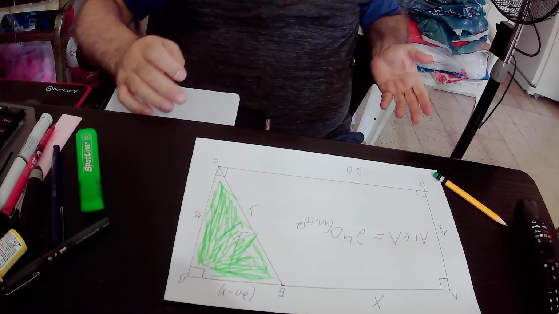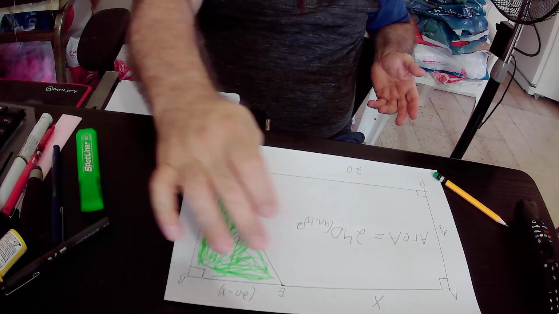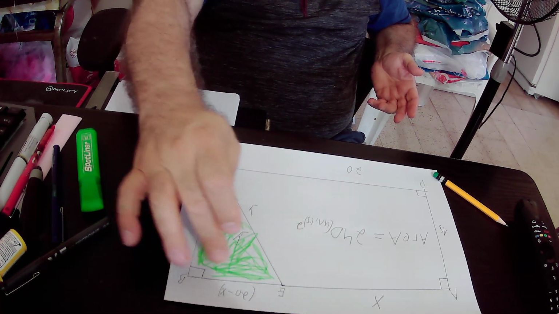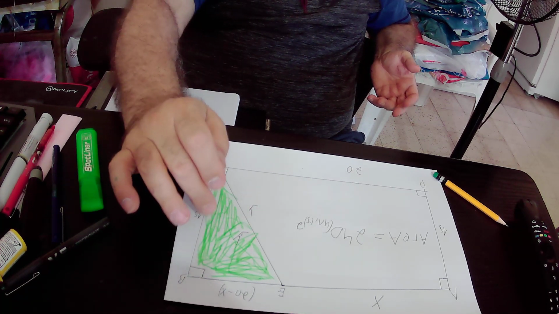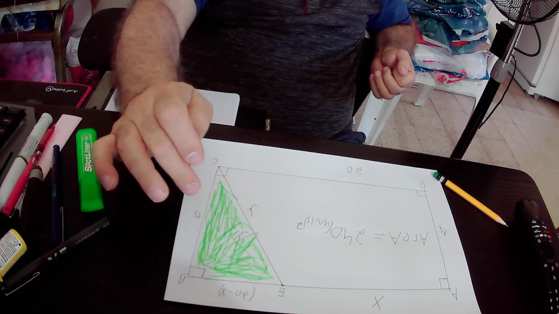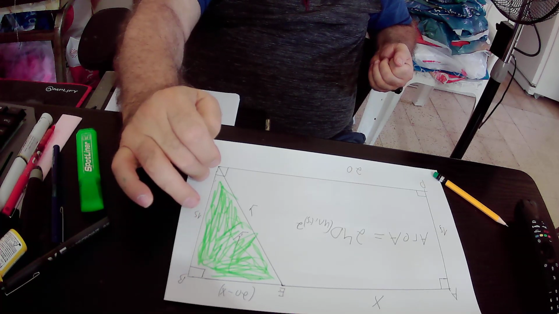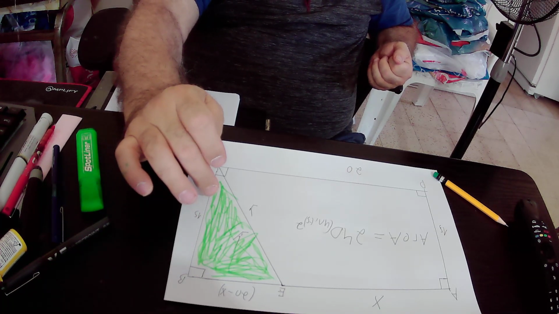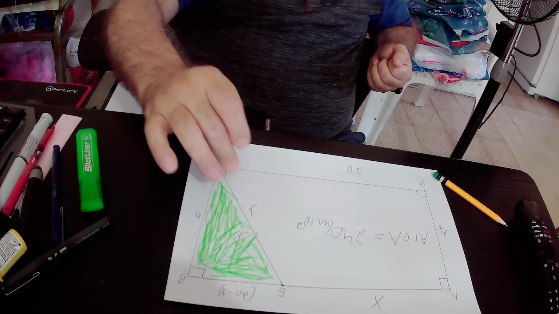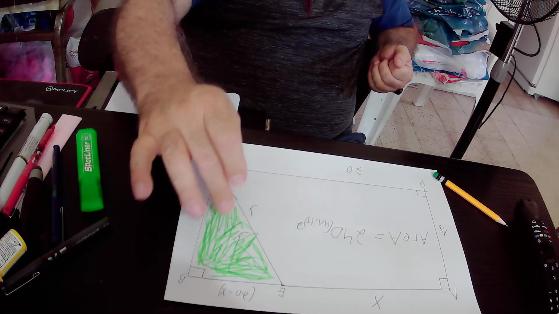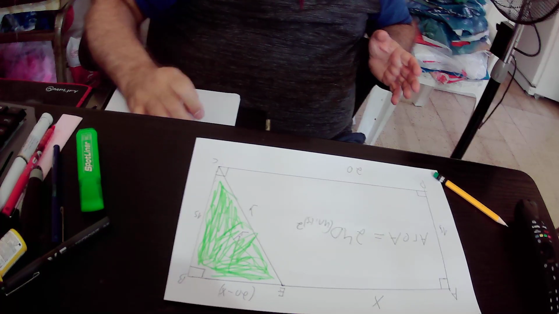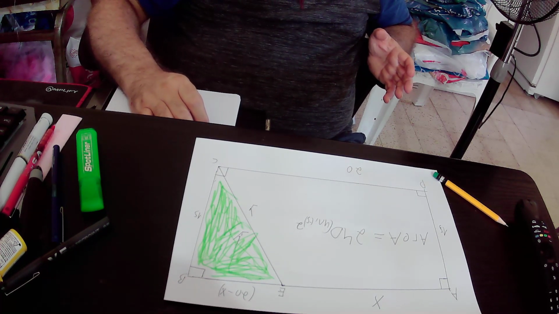So we actually know that the side EB of the right green triangle equals 20 minus x. Side BC equals 15 units, and the hypotenuse of the green right triangle equals y.